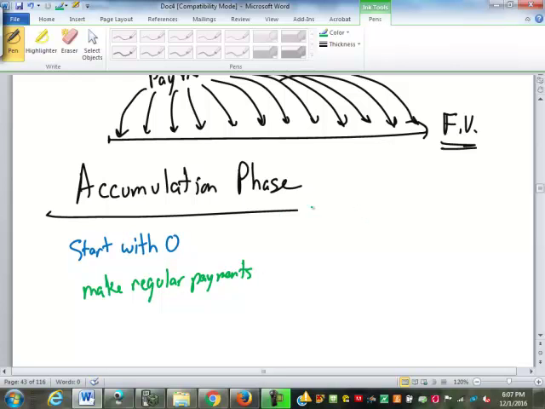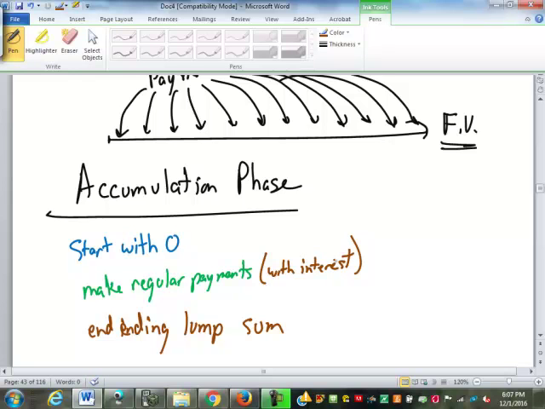And of course, you earn interest on those payments. Get to an ending lump sum. It's just assumed you're earning interest on all this, but yes, you earn interest on your payments after you're paying them in. So you end up with an ending lump sum.